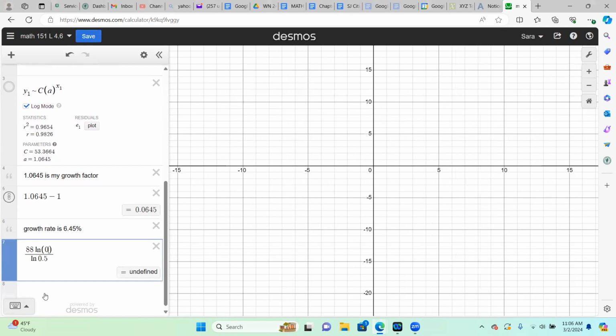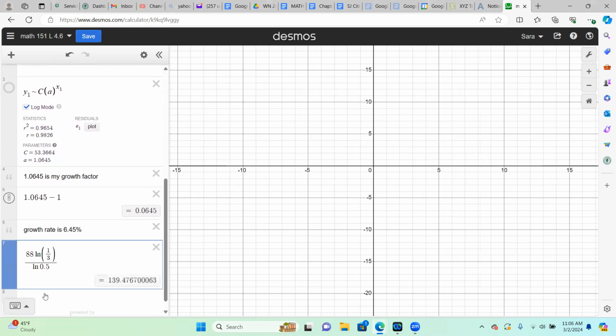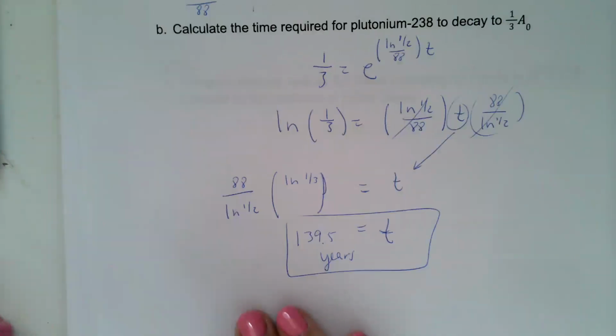This is actually 1/3. Okay, so it's going to take us about 139.5 years. Well, a long time to get down to only 1/3. So it takes a long time to decay.